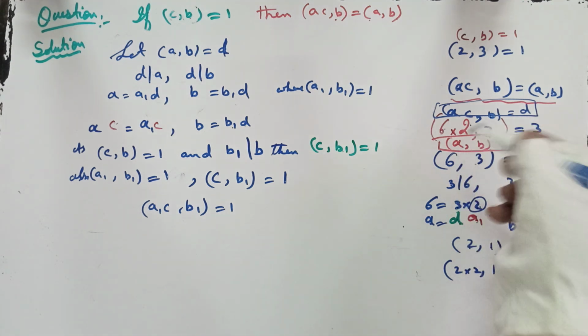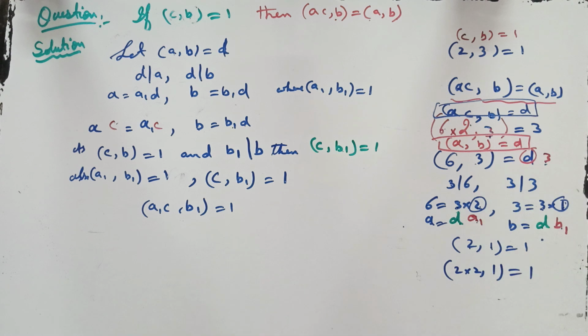If I take here 8, then A1 will change and be 4. You can see that 4 and 1 are also relatively prime. This is A1, this is B1, then this is A1C and B1. So A1C and B1 are also relatively prime.